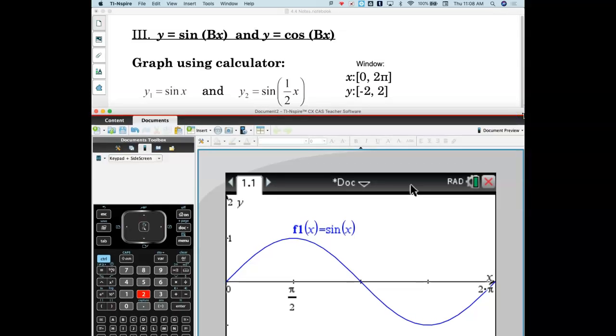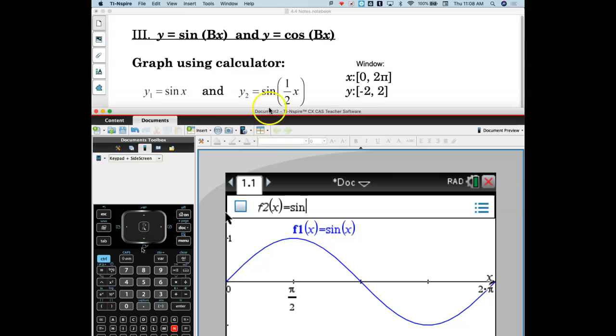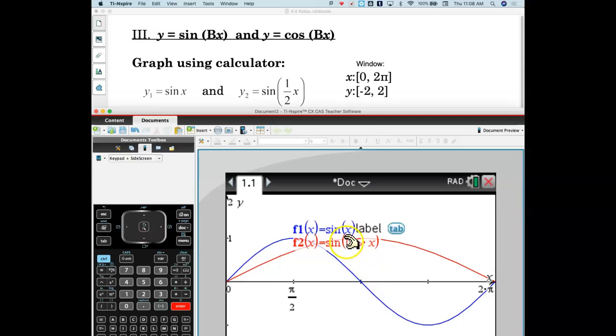Then our second one, we want it to be the sine of y equals 5x. What can you tell me about those two graphs?